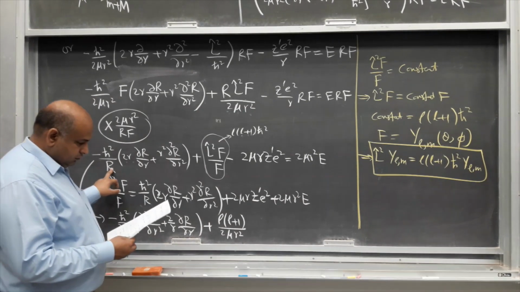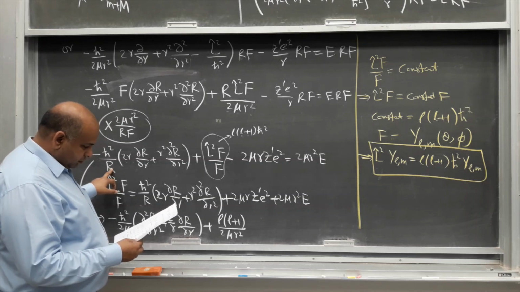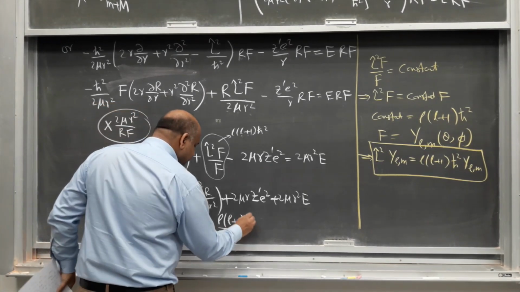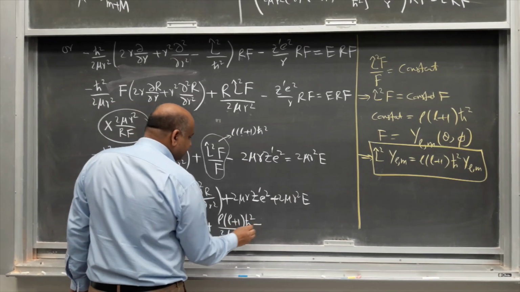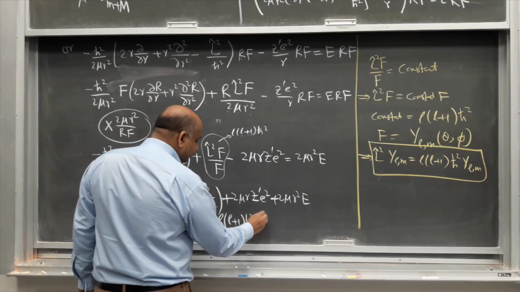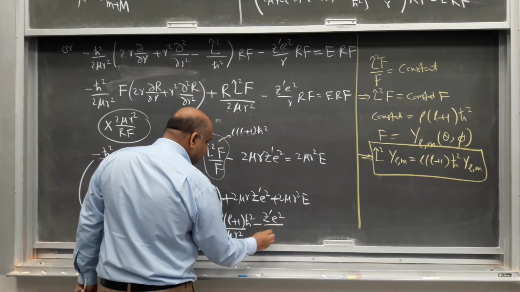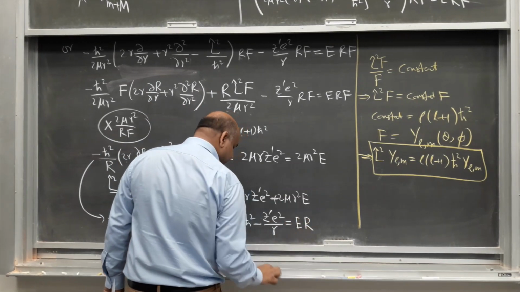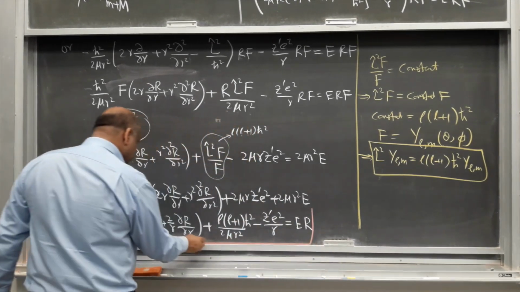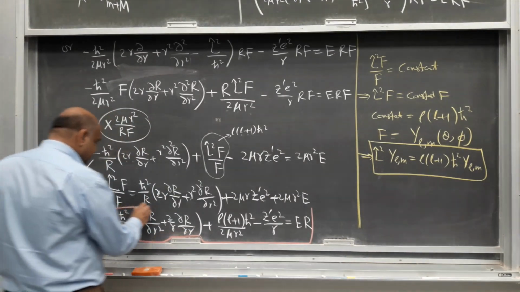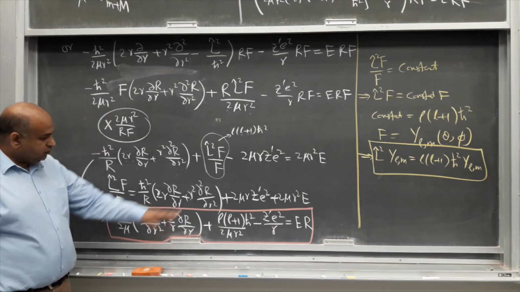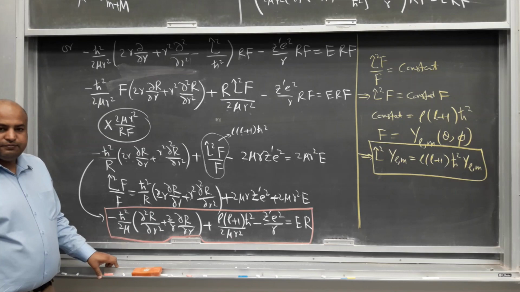So this is mu, so there has to be an h bar square here, and minus, so this 2 mu r square goes away, and we have Z dash e square over r equals E R, and this is our differential equation that we can solve to find capital R.